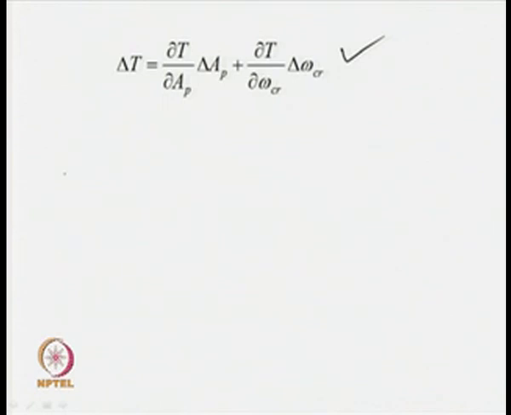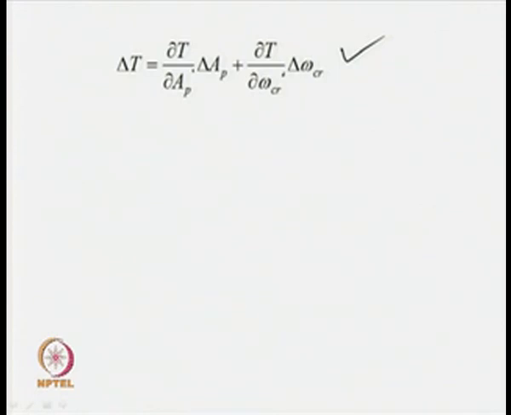That means, delta T is equal to partial differentiation of T with respect to the peak amplitude a p times delta a p plus partial differentiation of T with respect to the critical frequency omega c r times changes in omega c r.